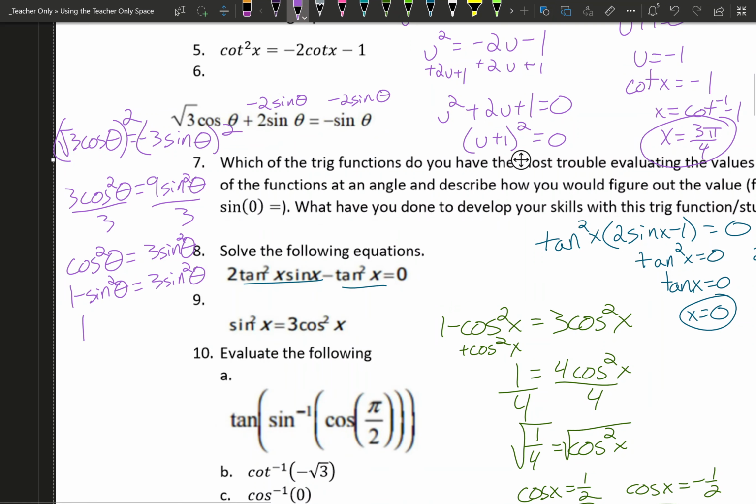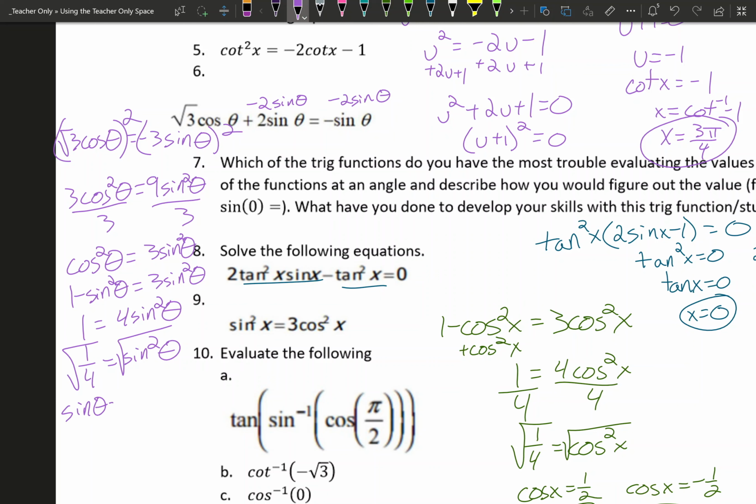Add sine squared theta to both sides. Divide by 4. You will get slightly different answers if you use sine or cosine, but it's okay. They were both marked correct as long as your steps were correct.